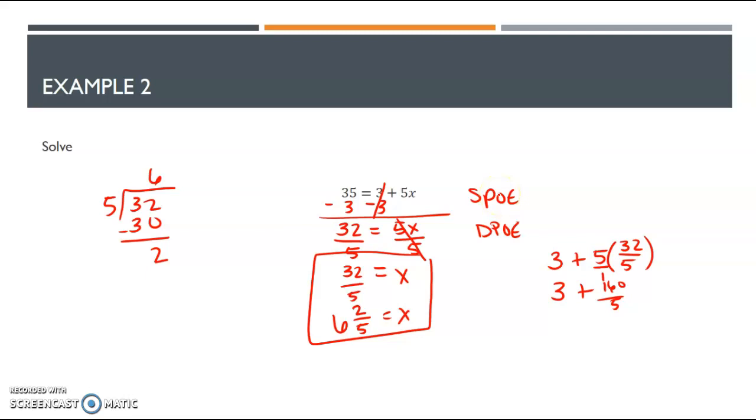So then I'm going to do that 160 divided by 5, and we get 3 plus 32, and 3 plus 32 is 35, and that's what I was looking for. So yes, indeed 32 fifths, or 6 and 2 fifths, is correct.